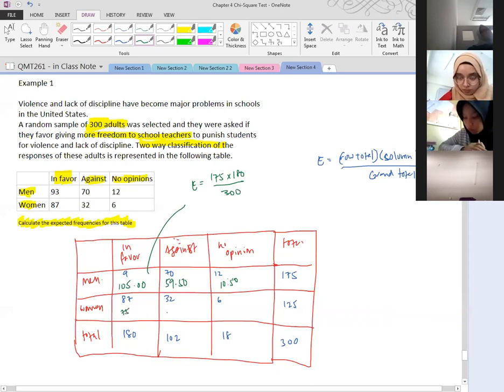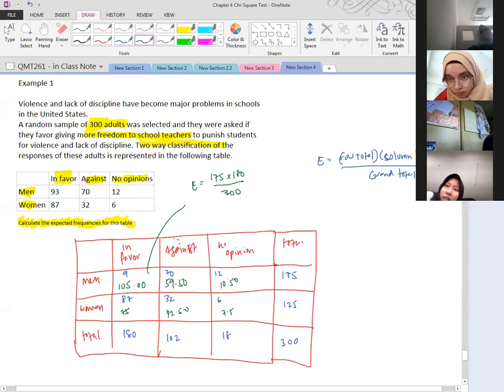This is 125 multiply with 102 divided by 300, 42.50. And the last one is 7.5. So this is expected frequency, and we need to look at the value of expected frequency. Is there any expected frequency less than 5? There are no expected frequency less than 5.